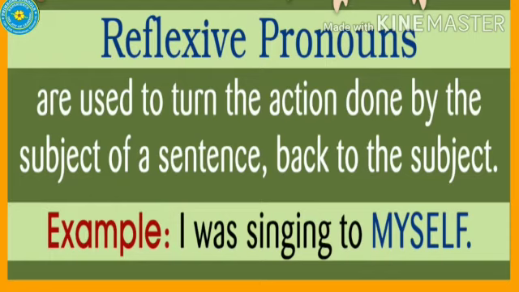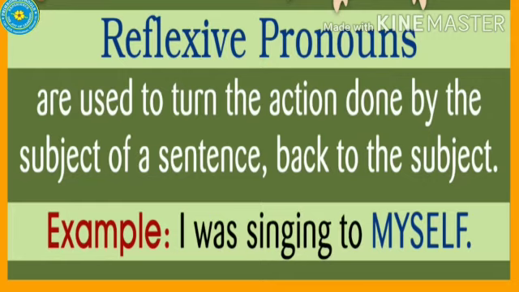Or in other words, we can define reflexive pronouns as this. Let me read it for you. Reflexive pronouns are used to turn the action done by the subject of a sentence back to the subject. Now see the example.